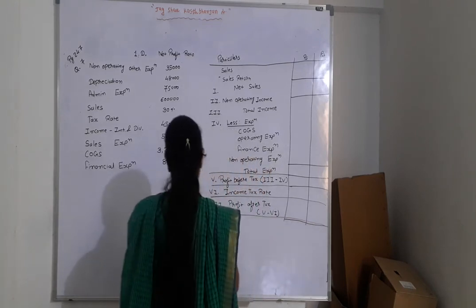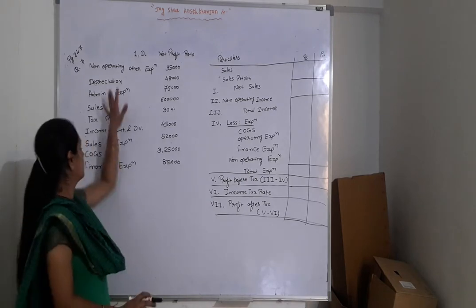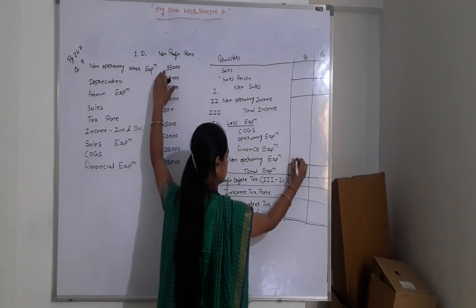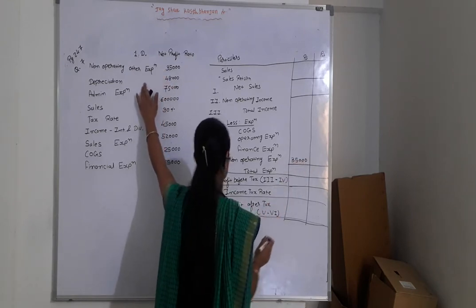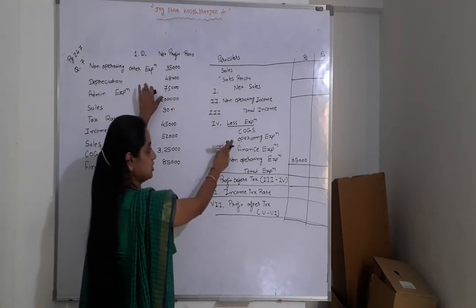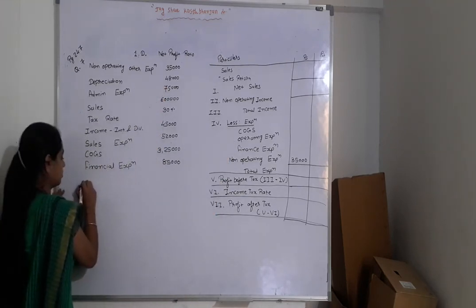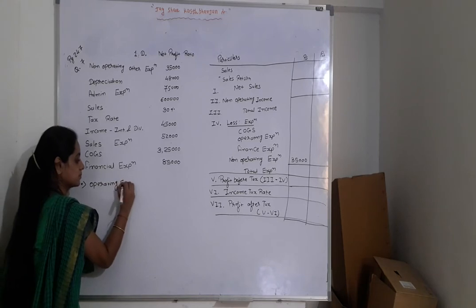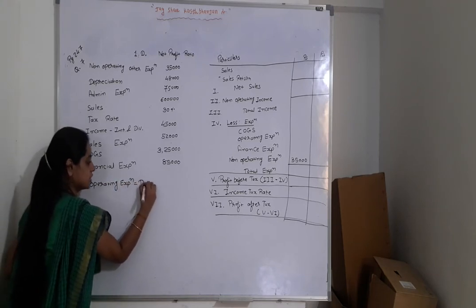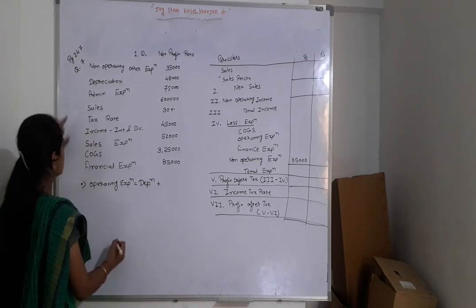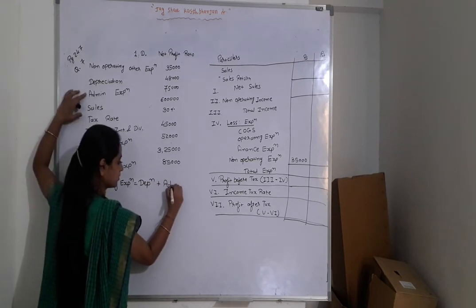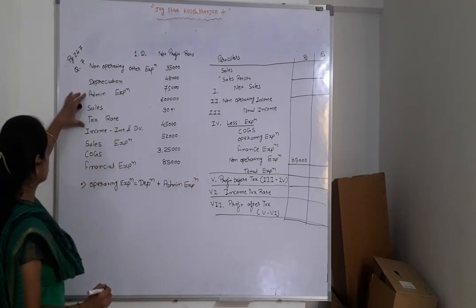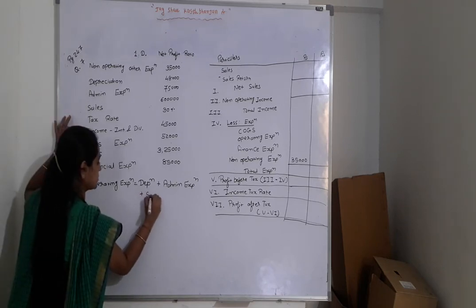Okay. So see the question. Non-operating other expense, that is a non-operating expense, 35,000. Then depreciation. We have to write down depreciation in operating expense, right? That's why we'll separately find operating expense. Depreciation plus admin expense plus sales expense.